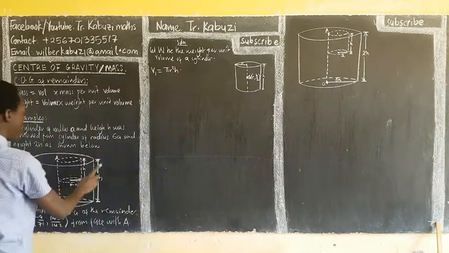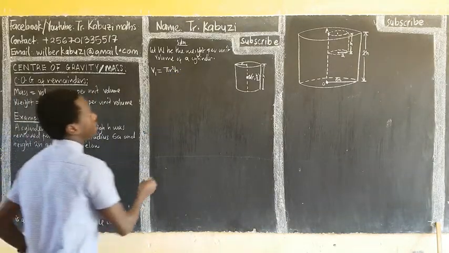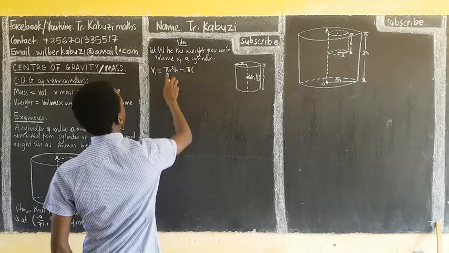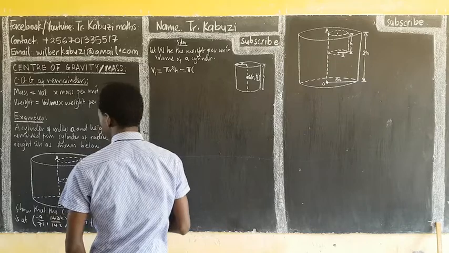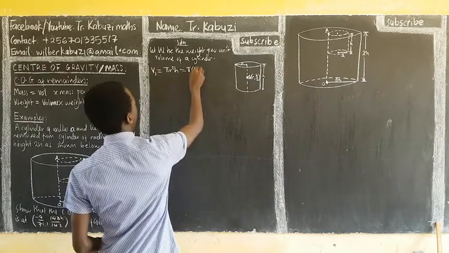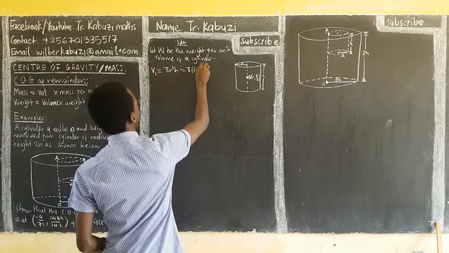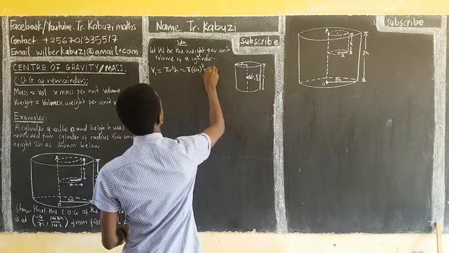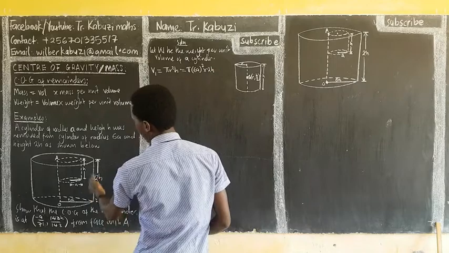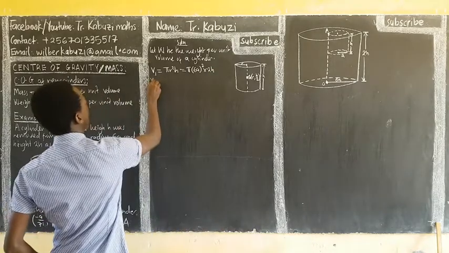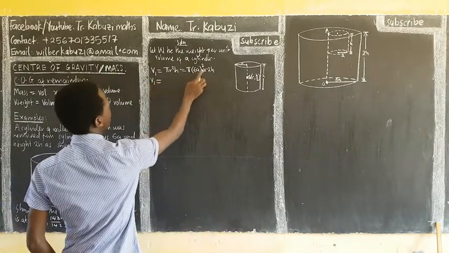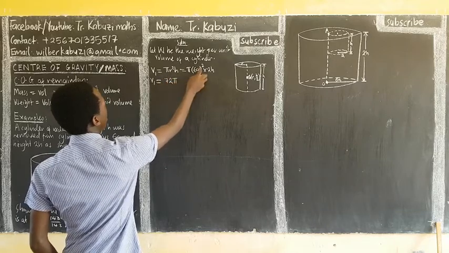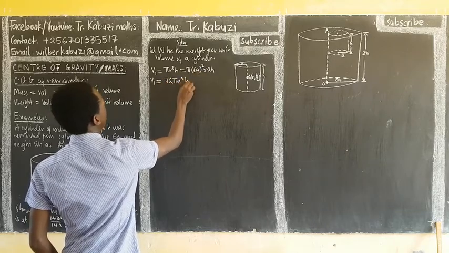For the big one, before we cut, it is pi times the radius, which here is 6a, squared, times the height 2h, from here up to here. So V1 is 36 times 2, which is 72 pi a squared h.